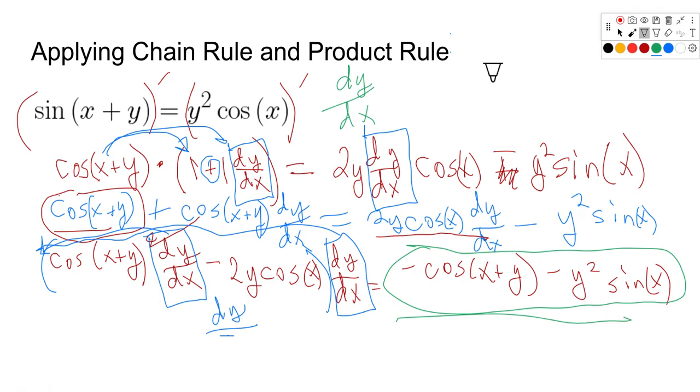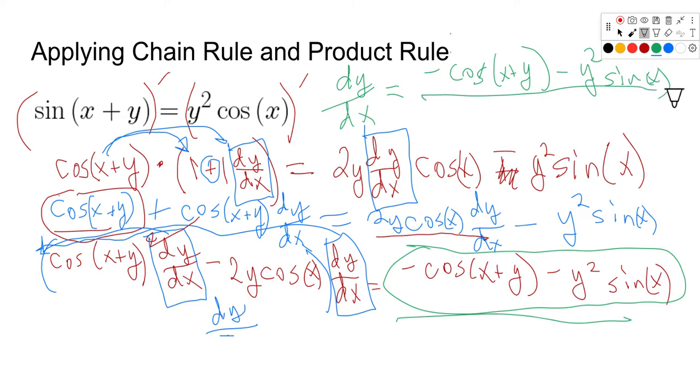So you'll get minus cosine x plus y minus y squared sine of x. That's all in the top. And in the bottom is going to be cosine x plus y minus 2y cosine of x.